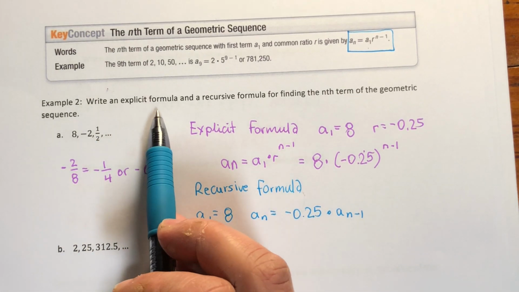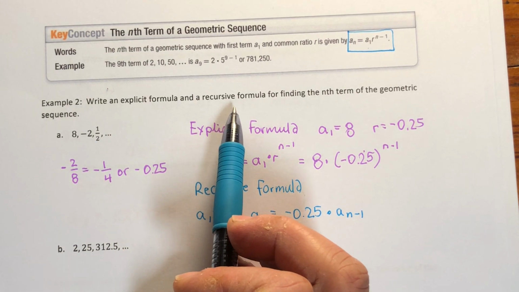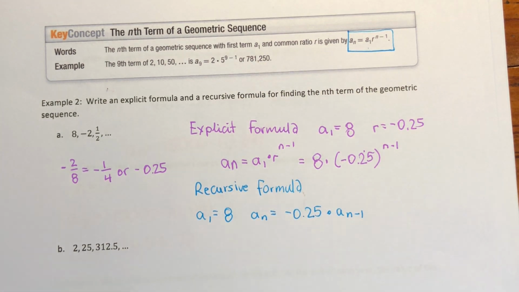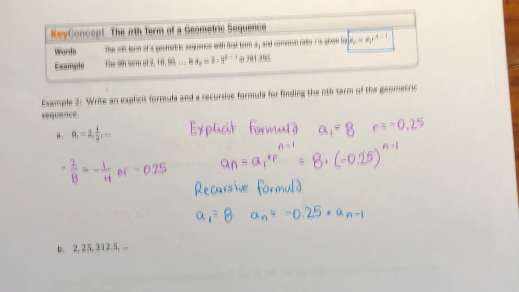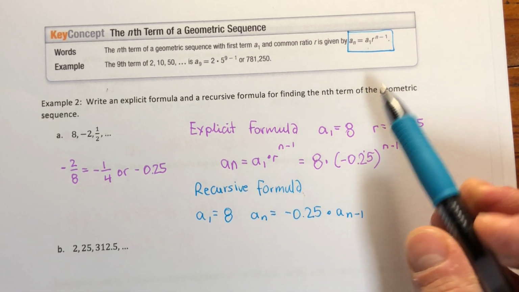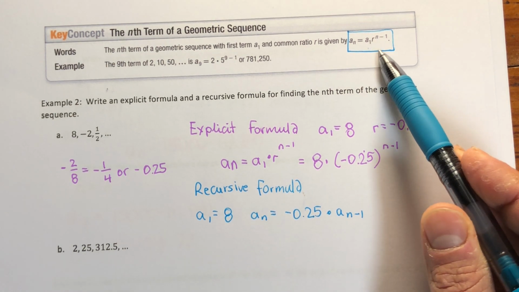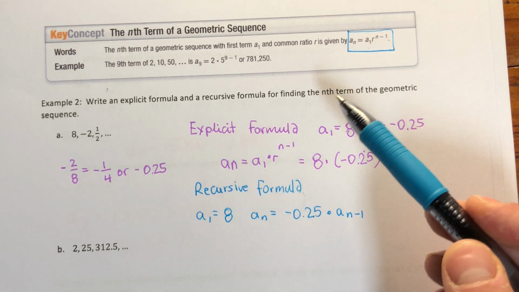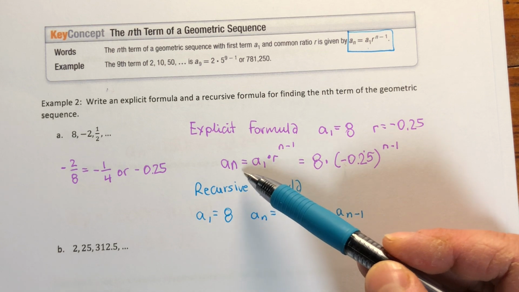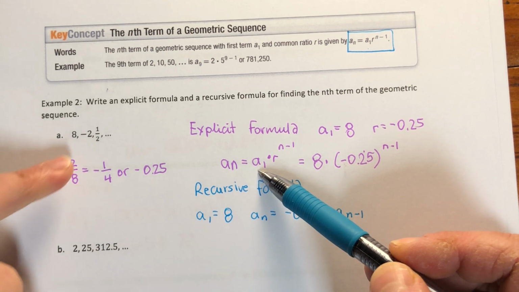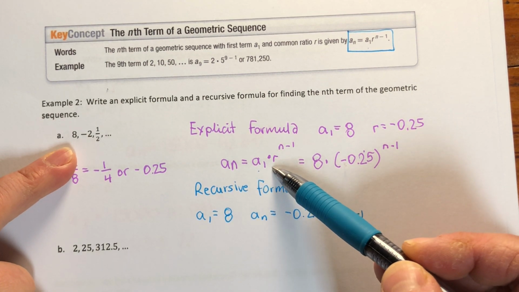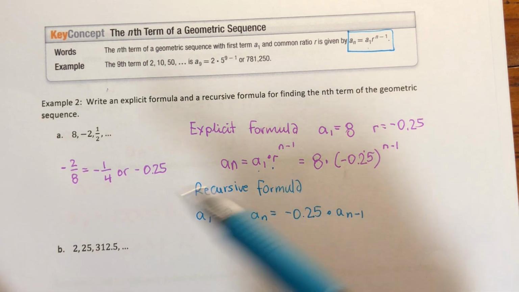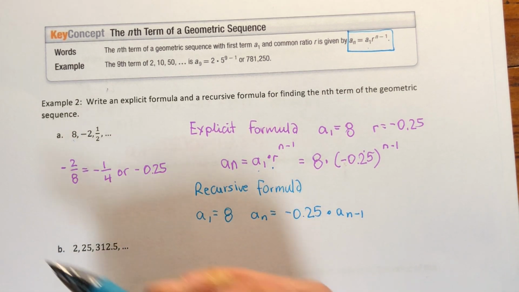We can write an explicit formula and a recursive formula to find the nth term of any geometric sequence. So the explicit formula, here we go, this is our explicit formula. We are going to take the first term, which was given. We need to figure out what our common ratio is. Again, -2 divided by 8.